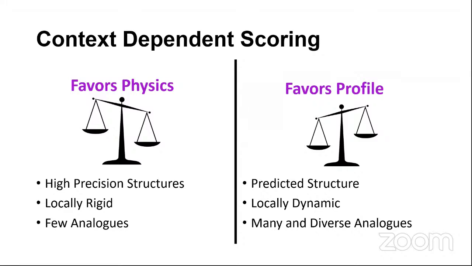When we have a low-precision structure, like if we're predicting the structure from something like AlphaFold or Rosetta, or we know that the protein is dynamic, so we can't use one structure, the profile becomes better. The requirement is that we need many and diverse analogs. So these two are complementary to each other.